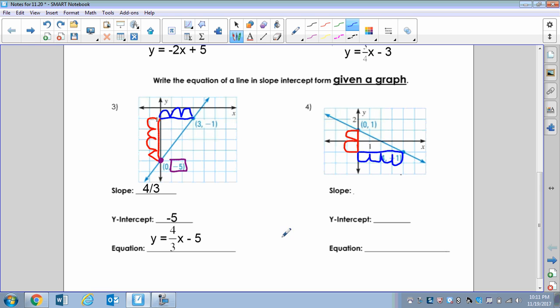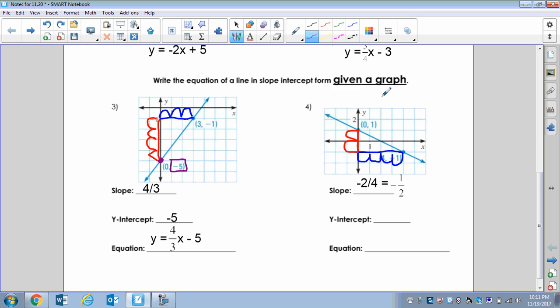Now I end up with a slope of negative 2 over 4. Remember, we always simplify or reduce those fractions. When I reduce negative 2 over 4, I end up with negative 1/2.